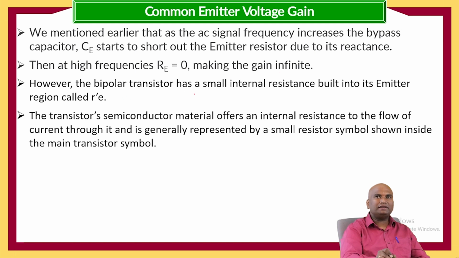However, the bipolar transistor has a small internal resistance built into its emitter region called RE dash, where the transistor's semiconductor material offers an internal resistance to the flow of current through it and is generally represented by a small resistor symbol shown inside the main transistor symbol.